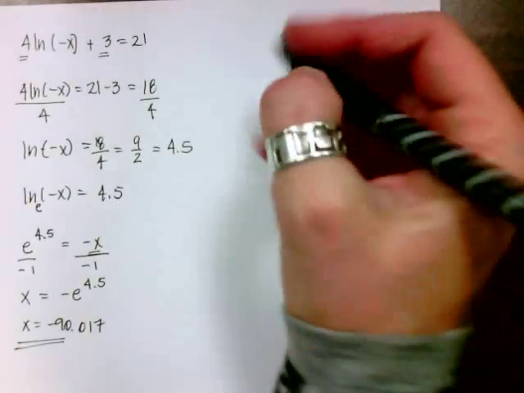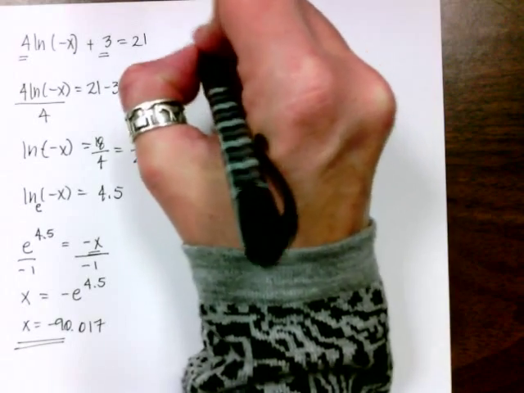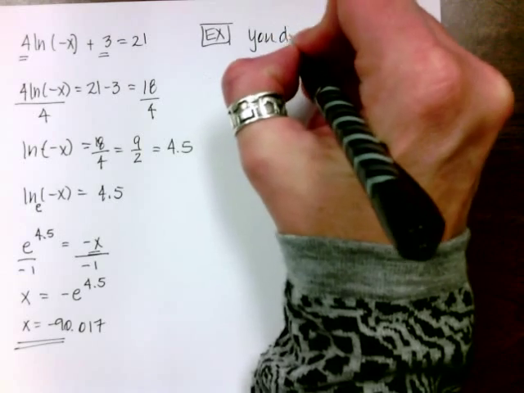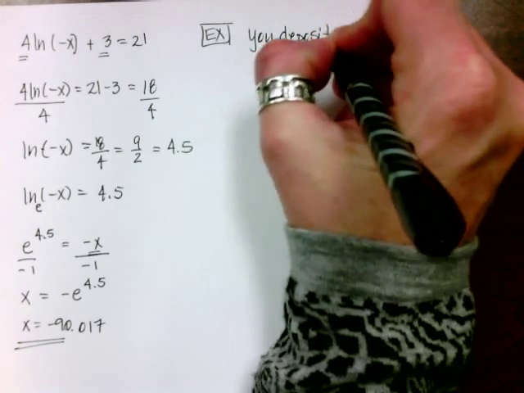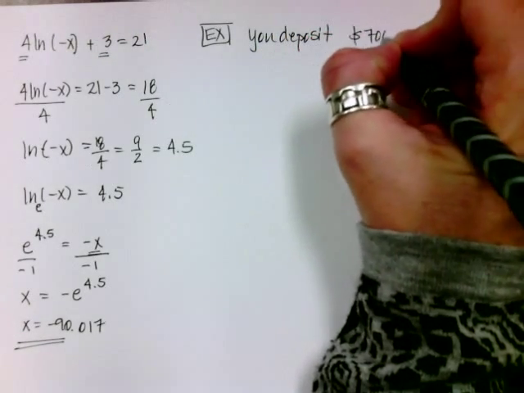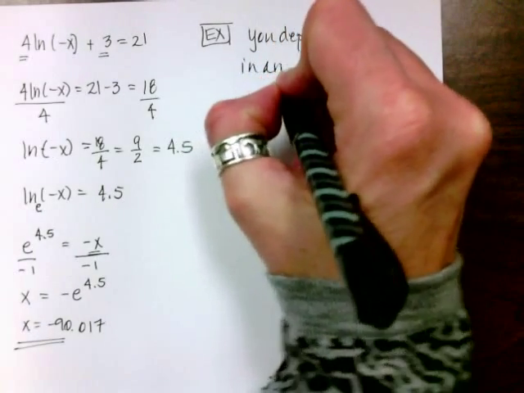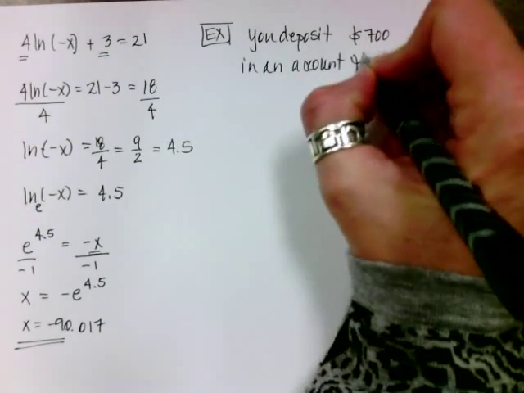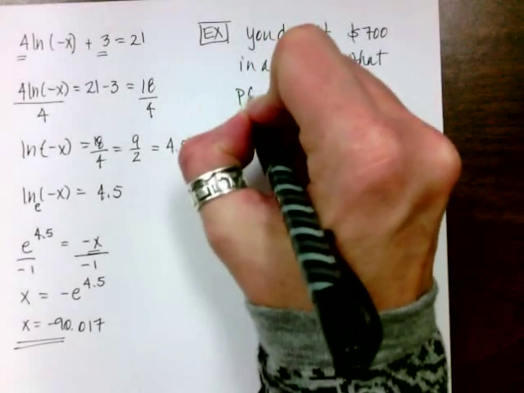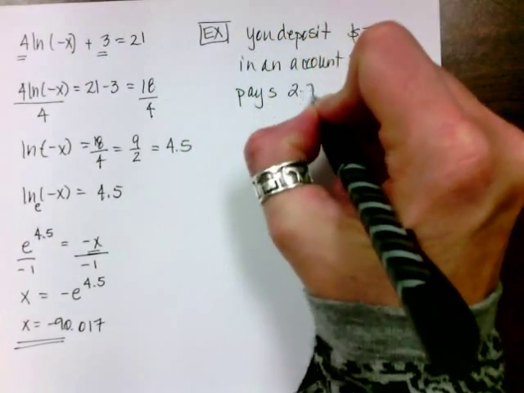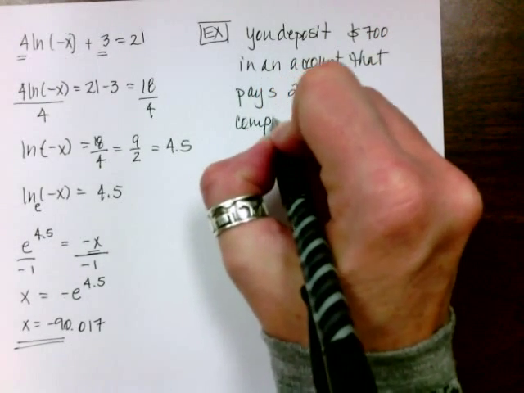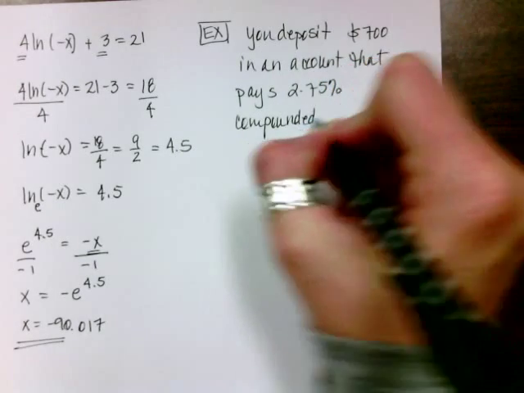All right, here's our next example, okay? Little word problem. It says you deposit $700 in an account that pays 2.75% compounded monthly.